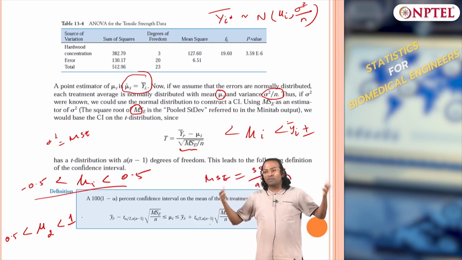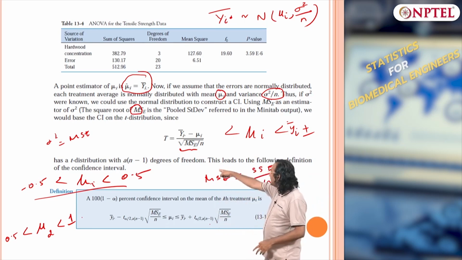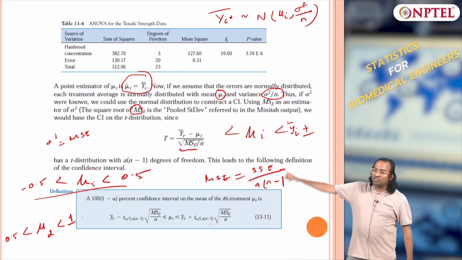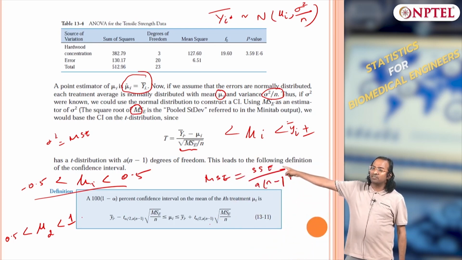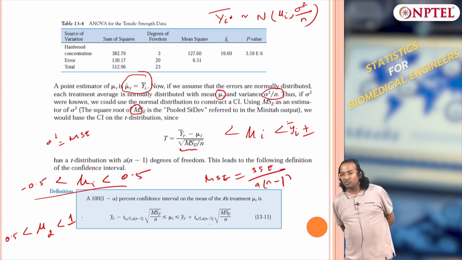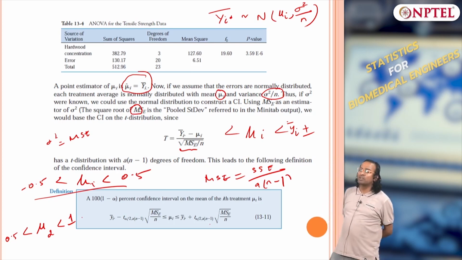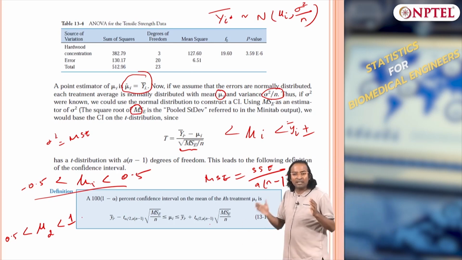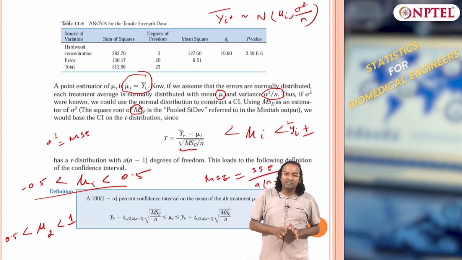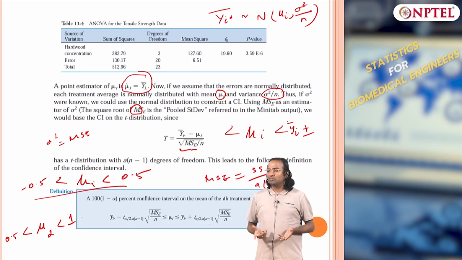So you can assume that mu 1 is 0 because 0 is lying within the confidence interval, whereas in the case of mu 2, 0 is not within the confidence interval. So that means mu 2 is the most likely candidate which is not 0 compared to mu 1. Statistically, mu 1 is 0. Whenever a confidence interval encloses 0, that means the quantity is statistically 0, you understand.